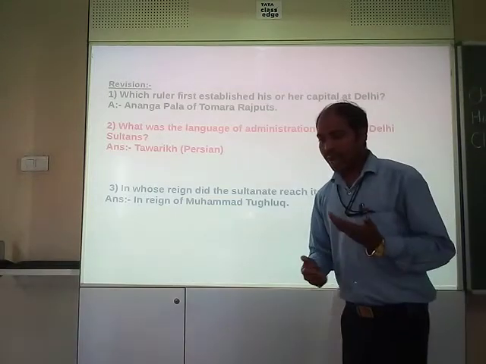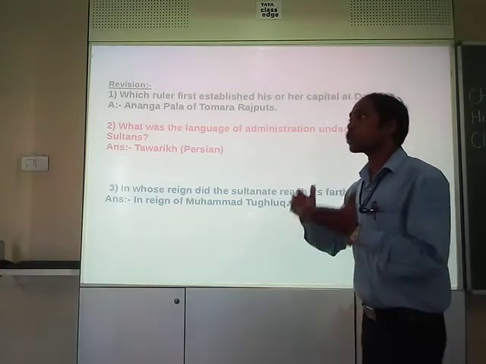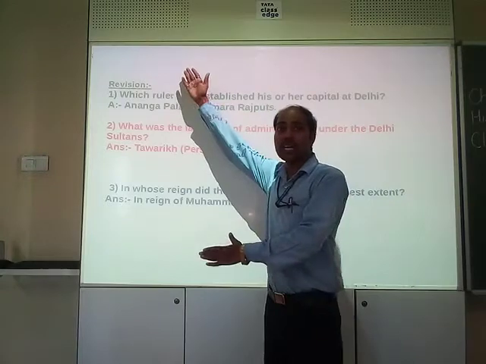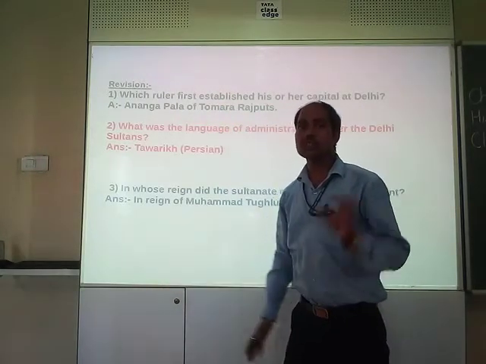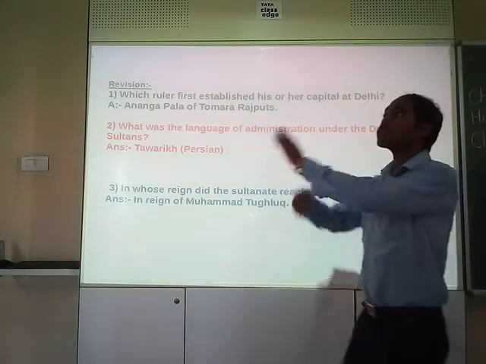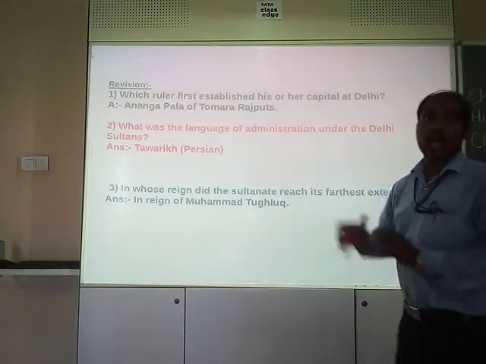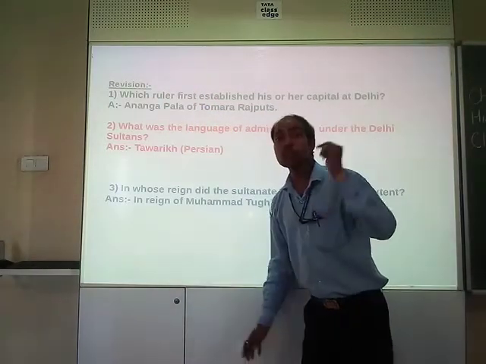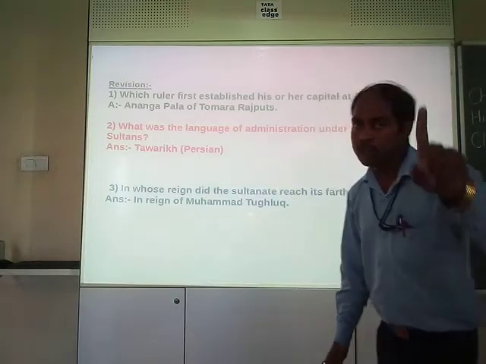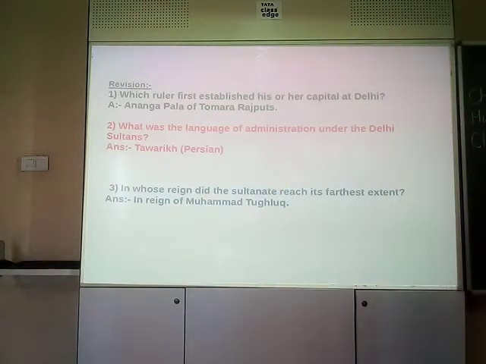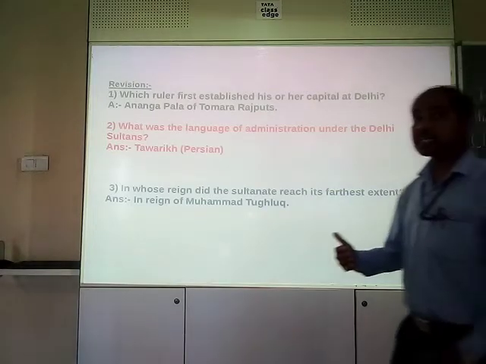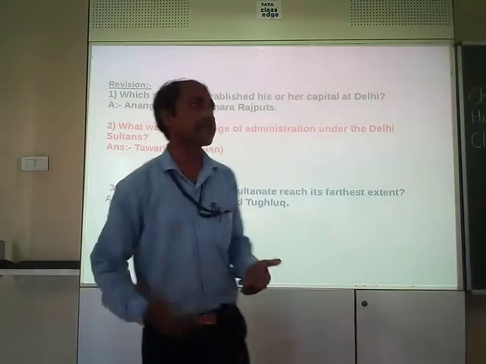At that moment I told you to remember the first ruler and the last ruler because these are important things. The first ruler was Anangapal, belonging to the Tomar Rajputs. And the last one, belonging to the Lodi dynasty, was Bahlol Lodi. So keep on revising so that you can remember these things.